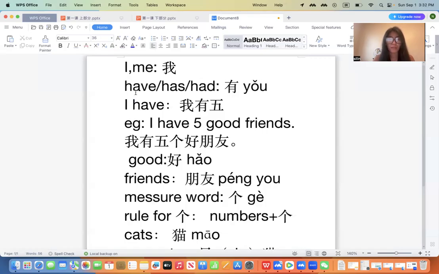And next one, the sentence, right? I have 5 good friends, and good and friends and the measure word. And you need to remember the position of the measure word. Where should you put it? After numbers, right? All right.